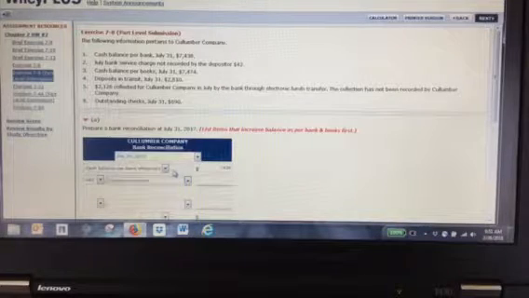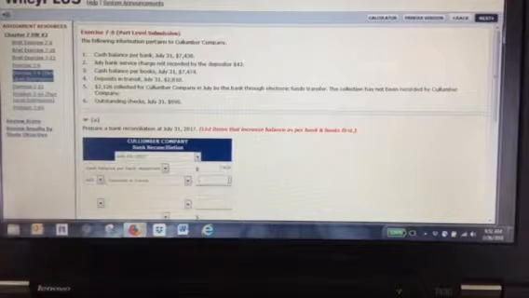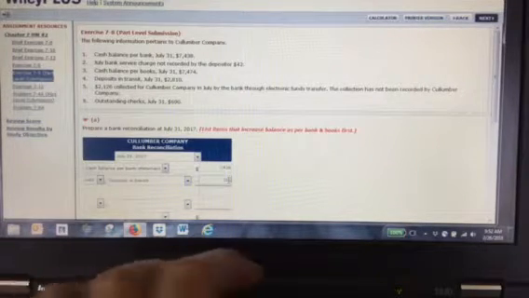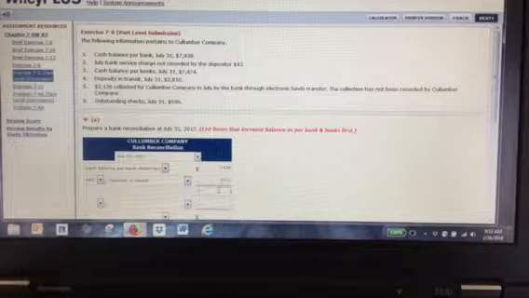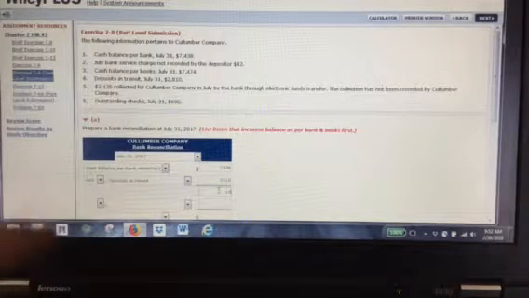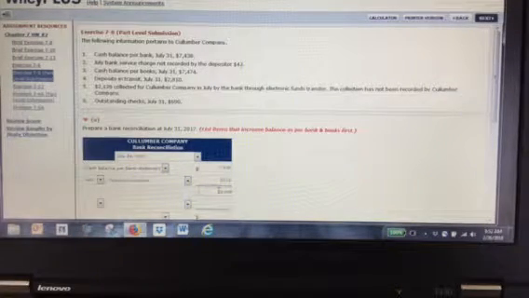So we want to make sure to put that in the line there. And the deposits in transit here are on line number 4, which are $2,810. So we'll put that in this area here. And then we need to add all those together. And once we do the addition on all of those, we can see that that amount is $10,248.